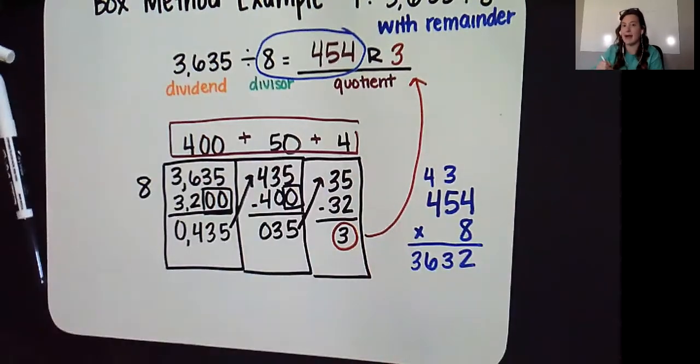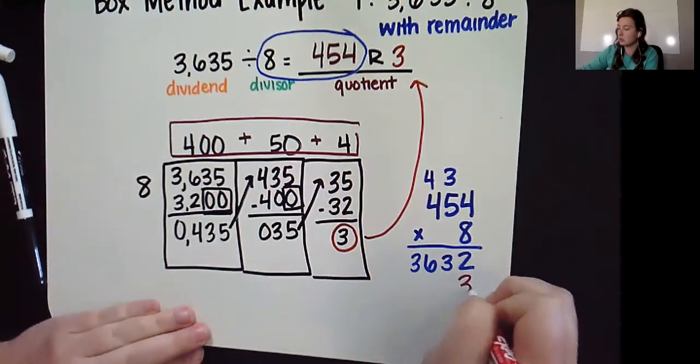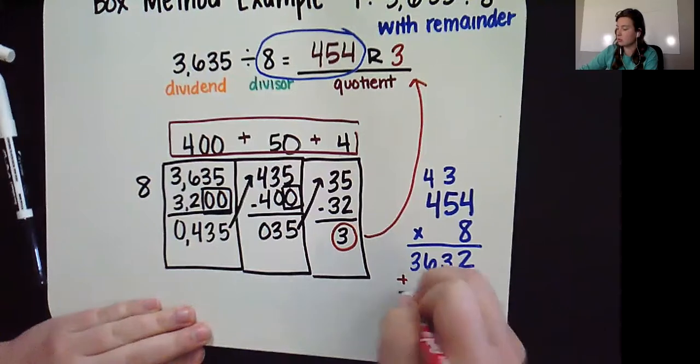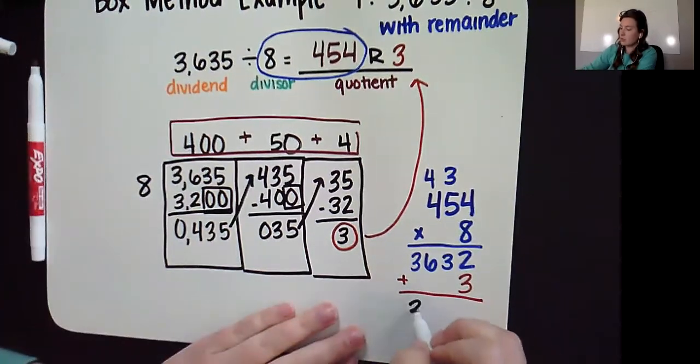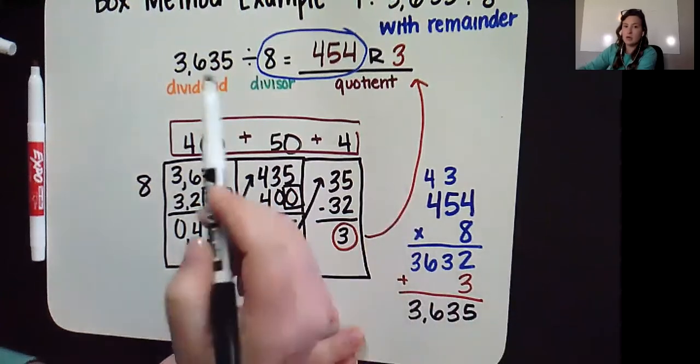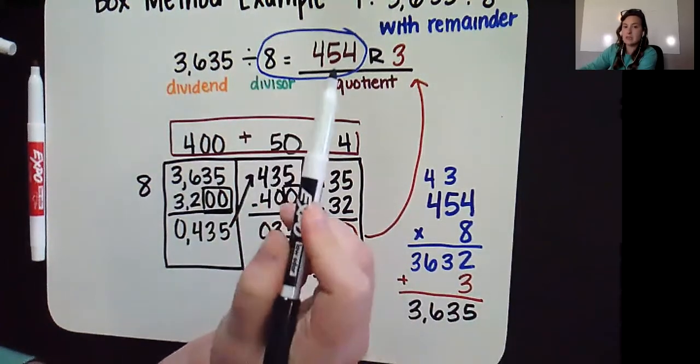And then I need to add my remainder. And I get 3,635.